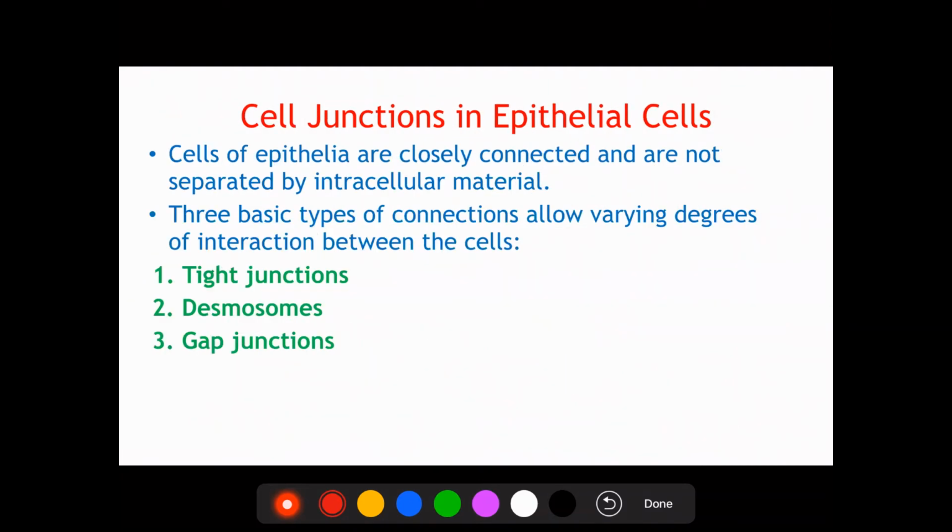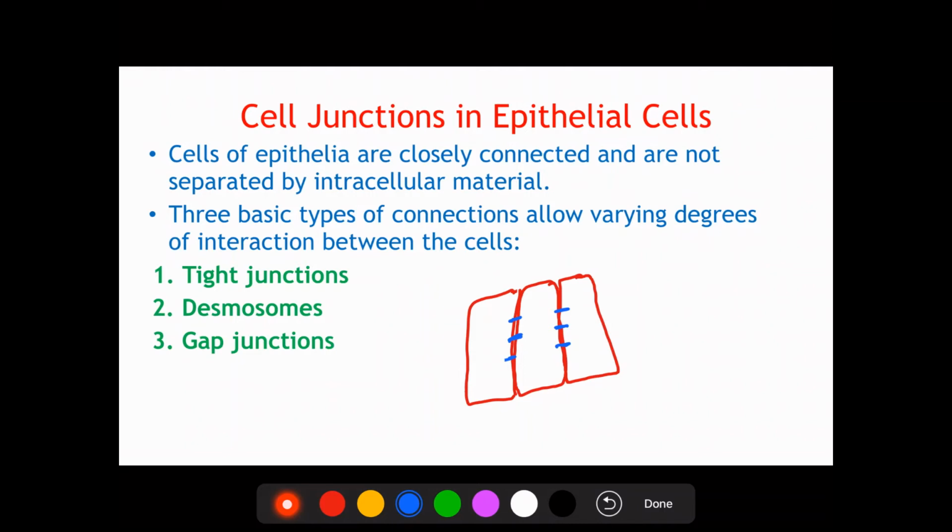Now, another characteristic or another feature of epithelial cells is their attachment to each other. Epithelial cells, as we said, are going to form lining and covering. So they have to have a strong connection between them.